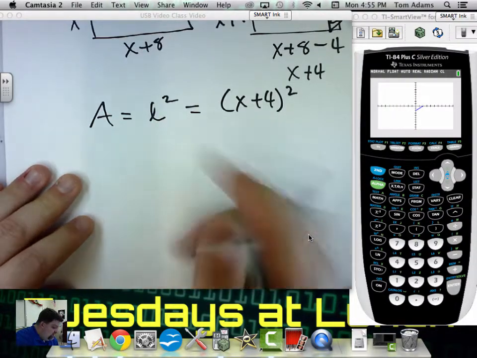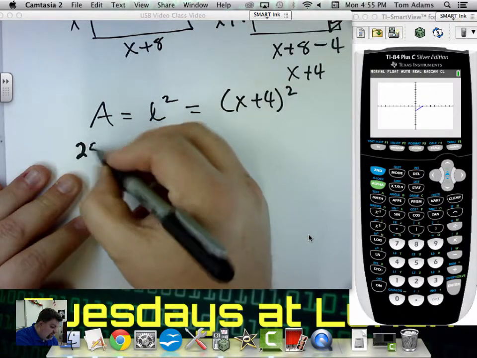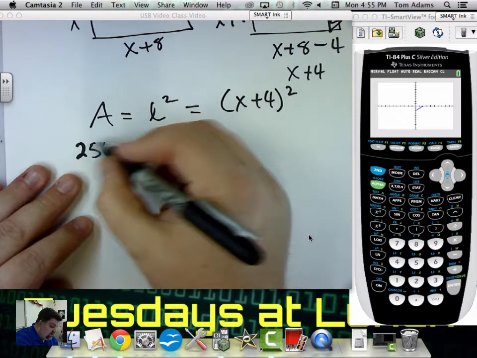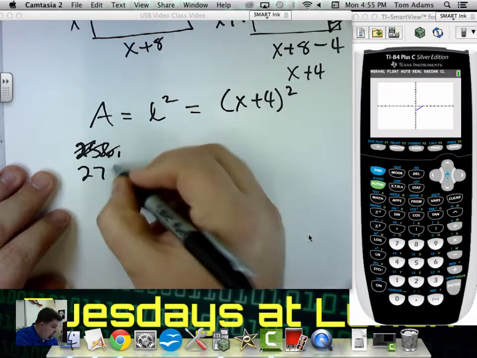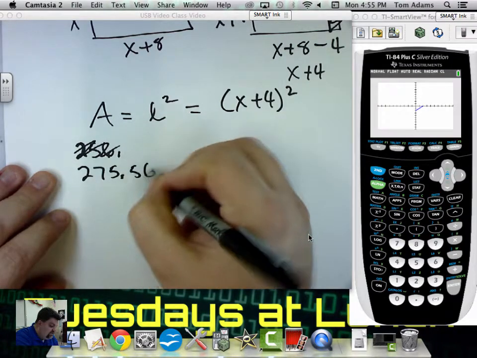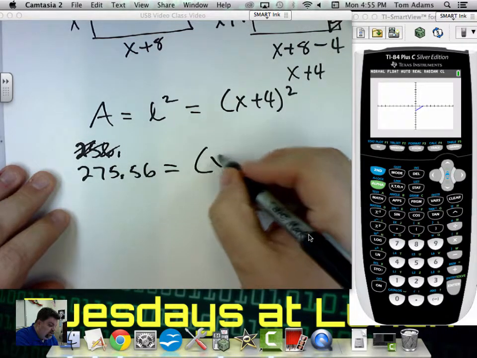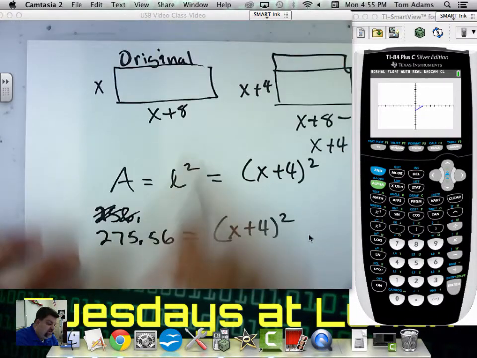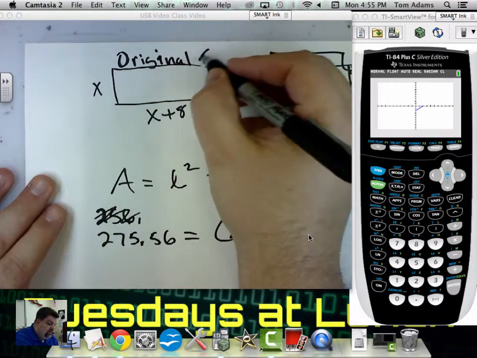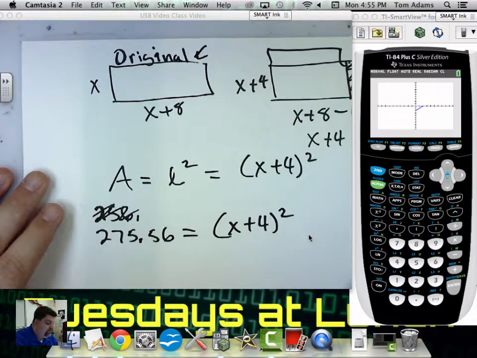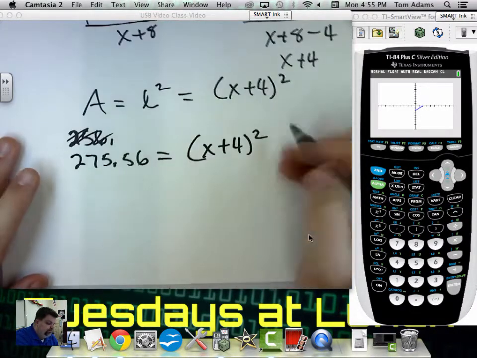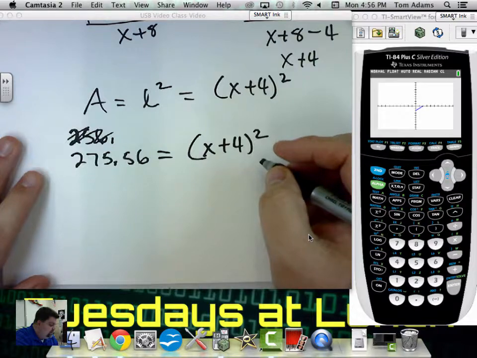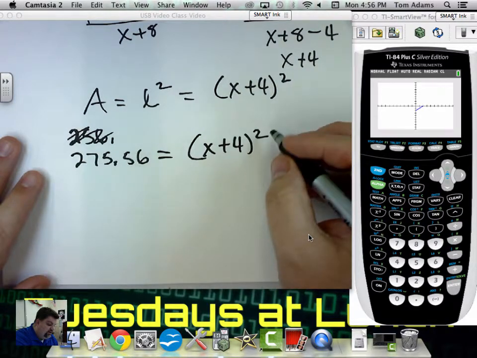That area was 275.56, I apologize, is equal to this stuff here. So we've got to find x, and then when we're done with x, we're going to plug that right back into the original dimensions, okay? So it's probably going to be a quadratic, and then we're going to solve using the quadratic formula.